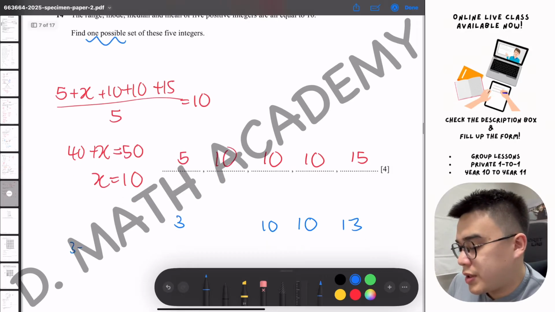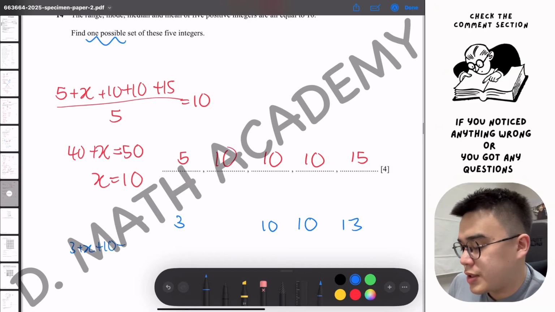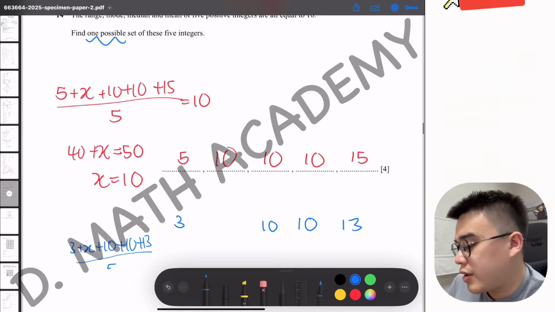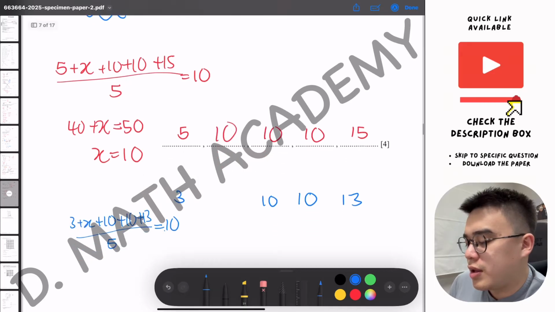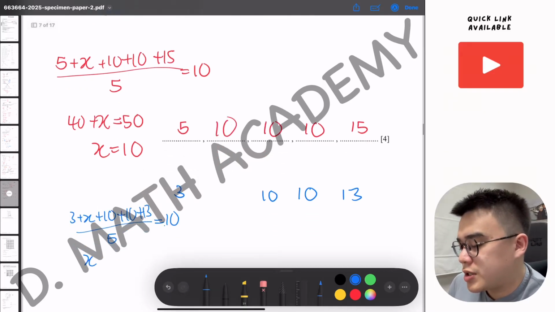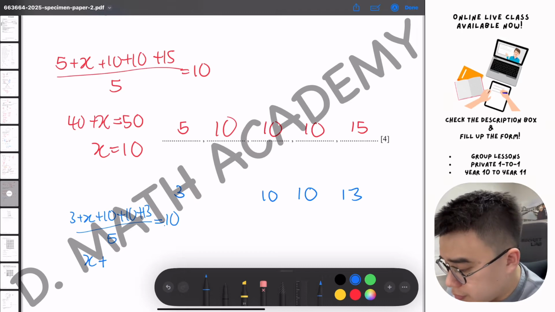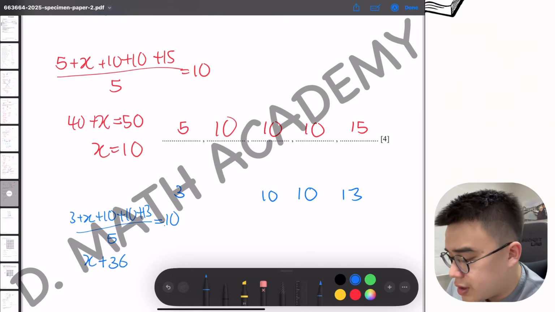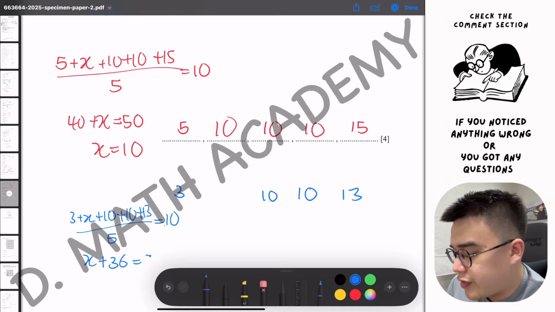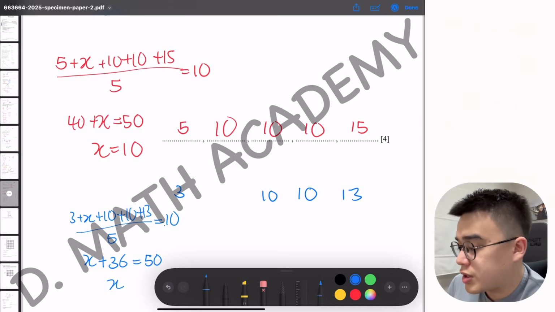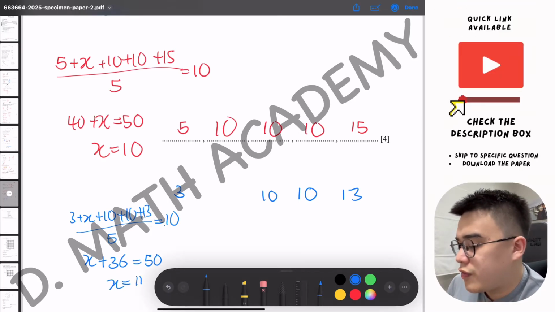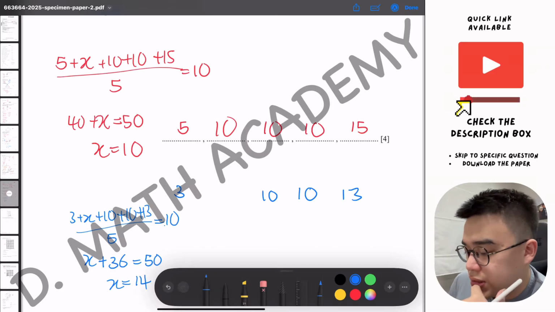So 3 plus x plus 10 plus 10 plus 13 over 5 equals 10. This makes your answer x plus 36 equals 50, and then x will be 14 in this case.